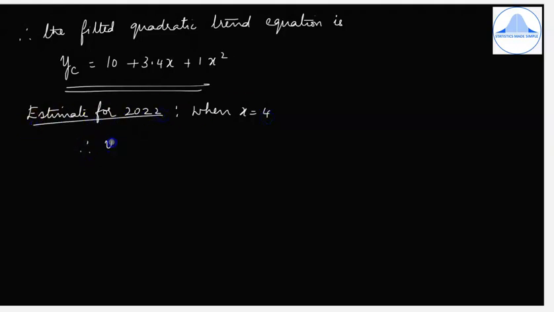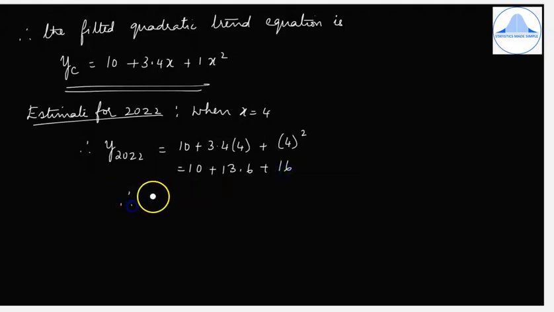So therefore y 2022 is equal to 10 plus 3.4 into 4 plus 4 square. So this is 10 plus 13.6 plus 16. So therefore y 2022 is equal to 39.6 in 1000 tons.